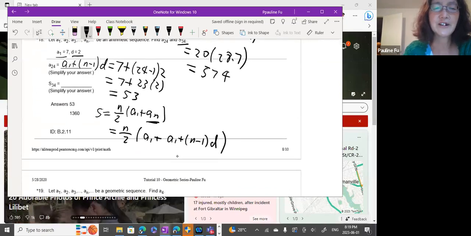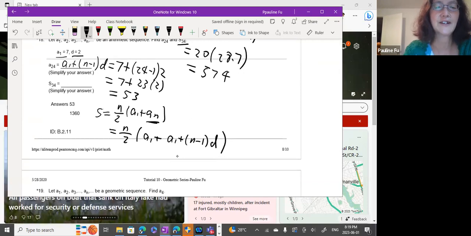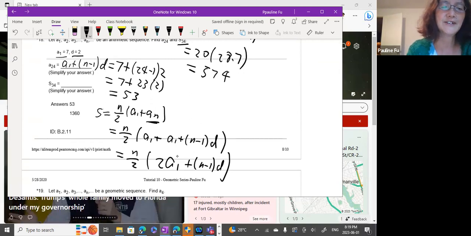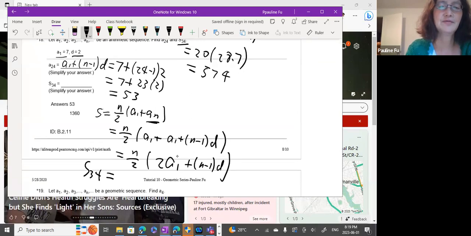That way we just need to use n, A1, and d to find S. So this formula would become n over 2 times 2A1 plus n minus 1 d. And then we use this formula to find S34. So S34, n equals 34.